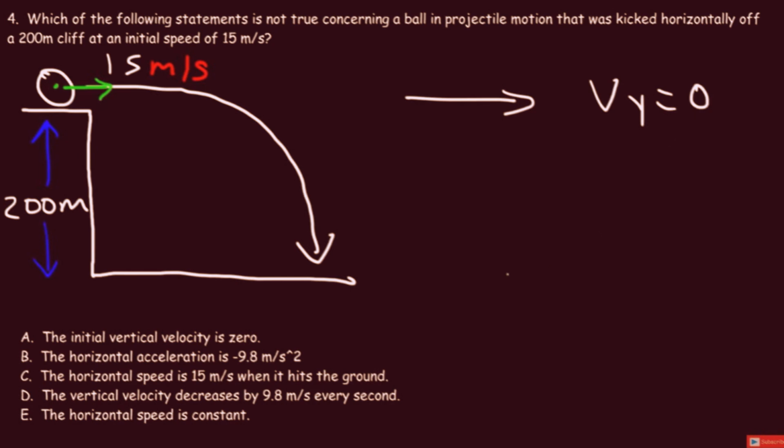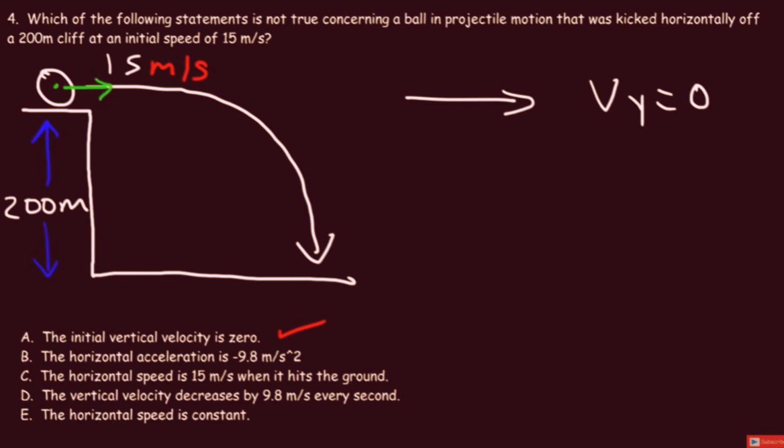The only way the vertical speed will not be zero is if it is moving at an angle, or moving straight up or down. Anytime it's horizontal, velocity y is zero. So that statement is true. Now what about E, the horizontal speed is constant, is that true or false? And what about B, the horizontal acceleration is negative 9.8 meters per second squared?